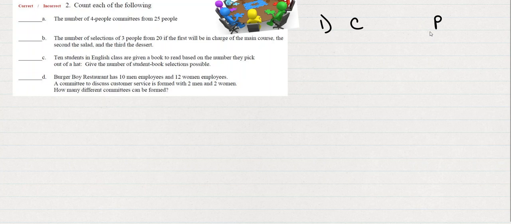It takes a little bit of practice, but here's the big key: if it's an ordered arrangement, then it's a permutation. The big key here is, does the order matter? So if we talk about a number of 4-people committees from 25 people, does it matter which order those people are chosen in?